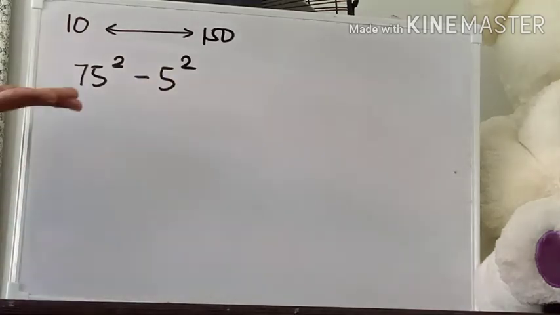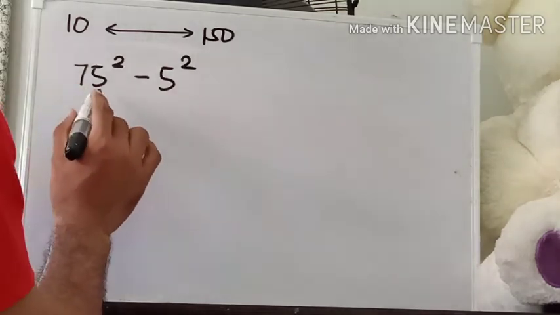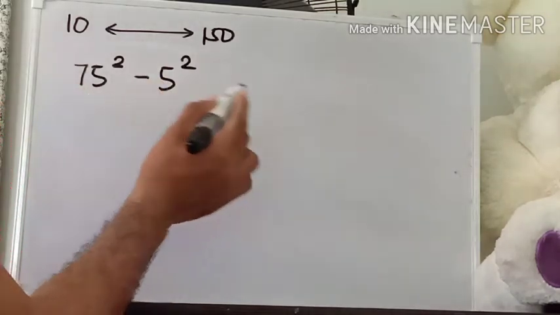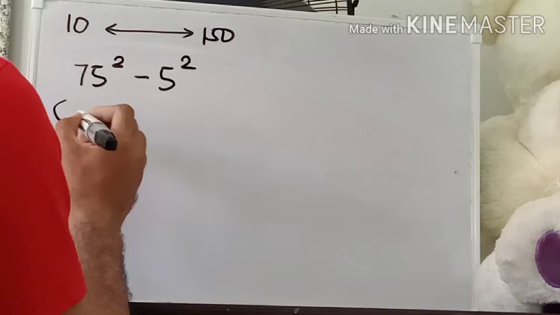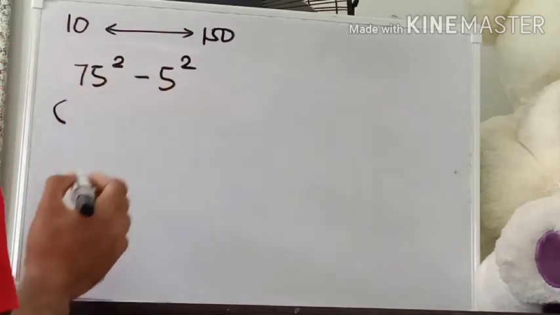Okay, so by simply looking at that, if you find a hard time squaring two large numbers, maybe you can make use of factoring difference of squares. So this is a perfect square, another perfect square, and the difference between squares can be factored as the sum and difference of the square root of the first and second term.